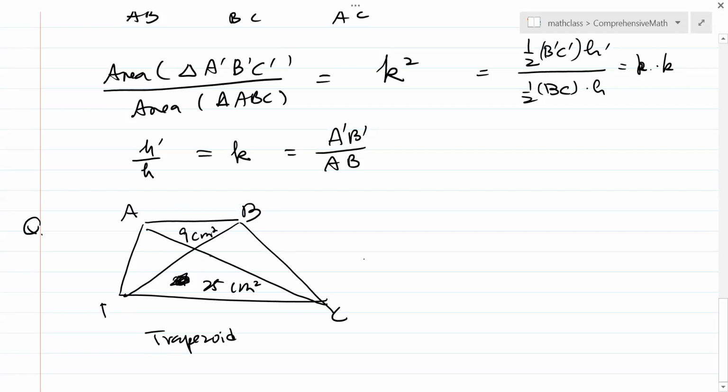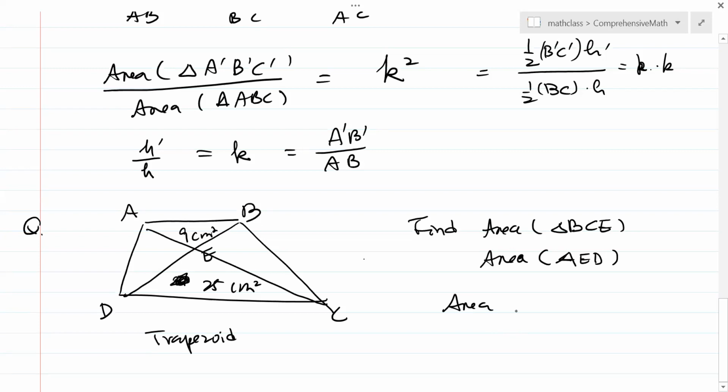So let's label the points B, C, D, and E. Find the area of AD, and then add them together, and you get the total area of ABCD. That's a trapezoid, right?